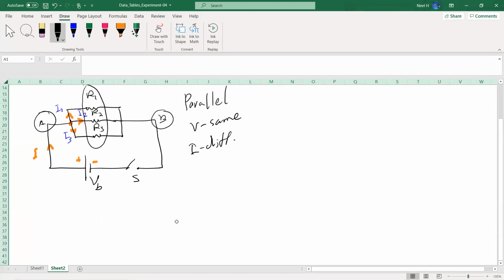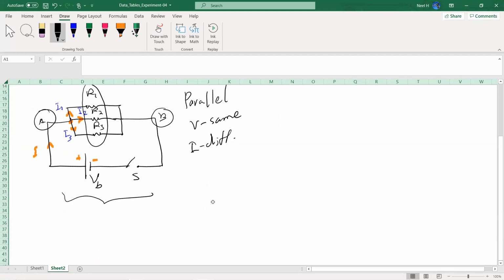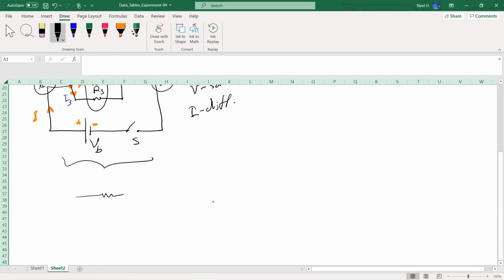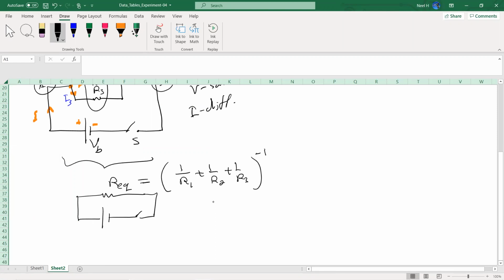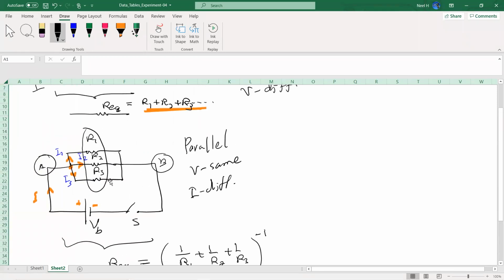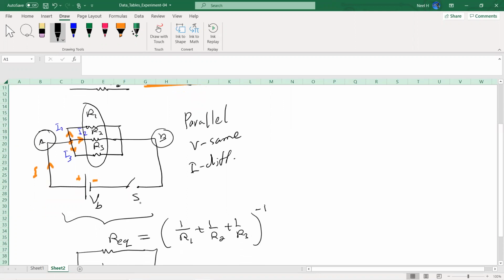If I have this kind of connection, and I consider the total or effective resistance of all three, a single resistance equivalent to all those resistance values together, that resultant resistance is the inverse addition of each resistance: (1/R1 + 1/R2 + 1/R3) to the power of negative 1. This means that if you keep adding resistors in parallel, the resultant or equivalent resistance gets less and less because it's an inverse addition.